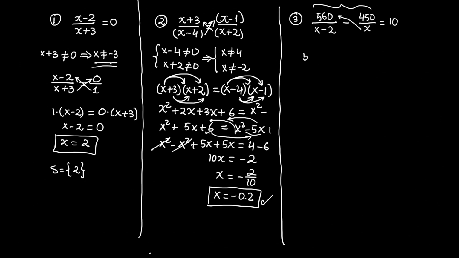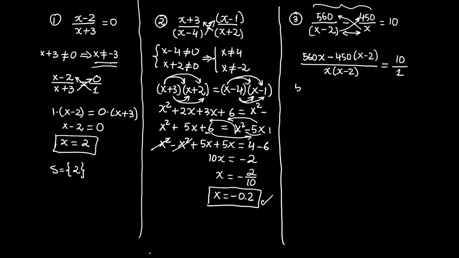So it gives me 560x minus, I take this and multiply this one on top, 450 times x minus 2. Then on the bottom, I multiply both, x times x minus 2. It has to be equal to 10 divided by 1. So I have one fraction on this side and one fraction on the other side.